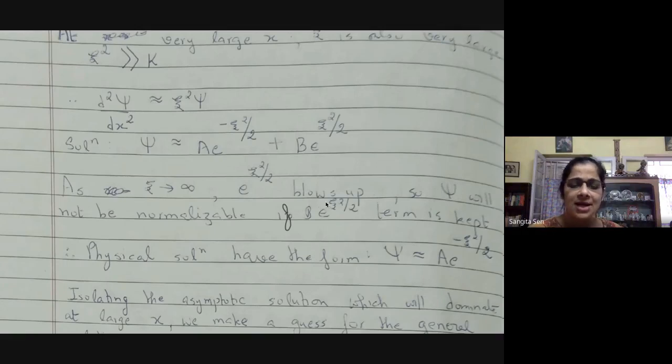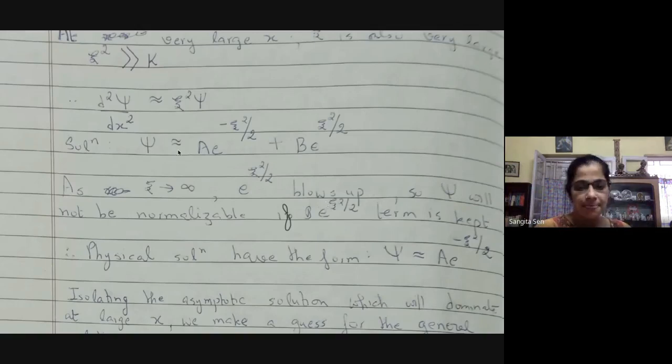The way you do that is you find out the solutions which are normalizable. That is one criterion. There are other criteria, of course, that must fit the boundary conditions of the problem, etc. But in this problem, what we will focus on is the normalization. That will be enough to give me the physical solutions.